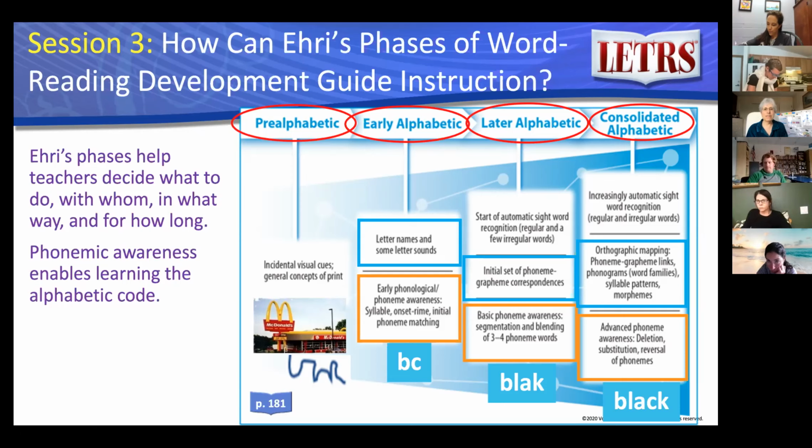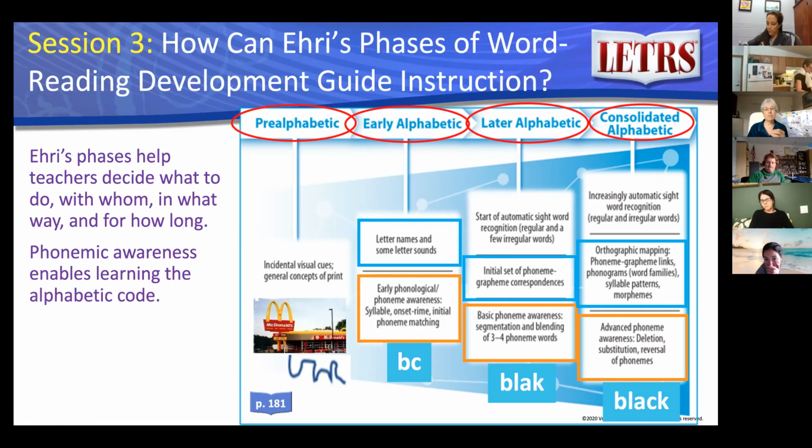And then the scope and sequence within that platform is building more words to get to this advanced level so that we can look at one syllable and multisyllabic words and have a tool set to go into these lengthier words.